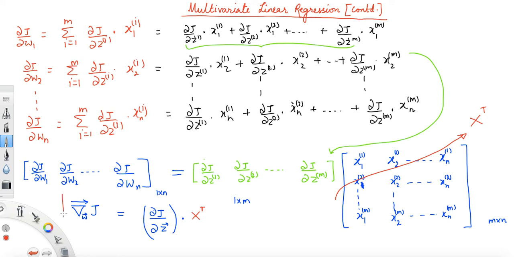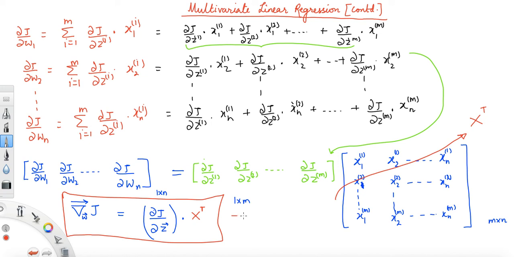So basically this is a single equation we can compress. We can compress all those equations into this one, right? So basically we have this equation, and in the next video we will see that we can implement multivariate linear regression using this equation for the back propagation.